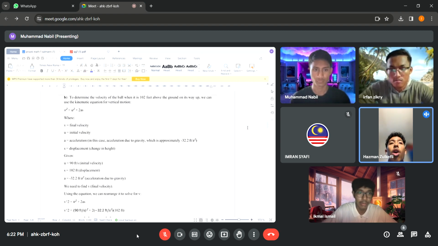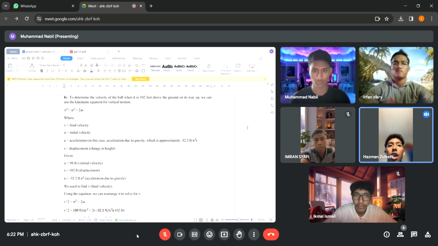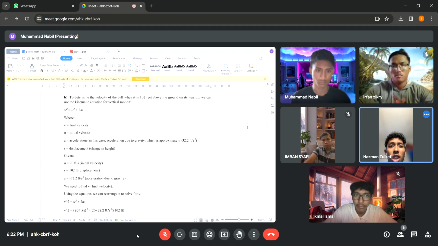As we all know, the equation is v squared is equal to u squared plus 2as, where v is final velocity, u is initial velocity, a is acceleration. In this case, acceleration due to gravity is approximately negative 32.2 feet per second squared, and displacement is s, the change in height.